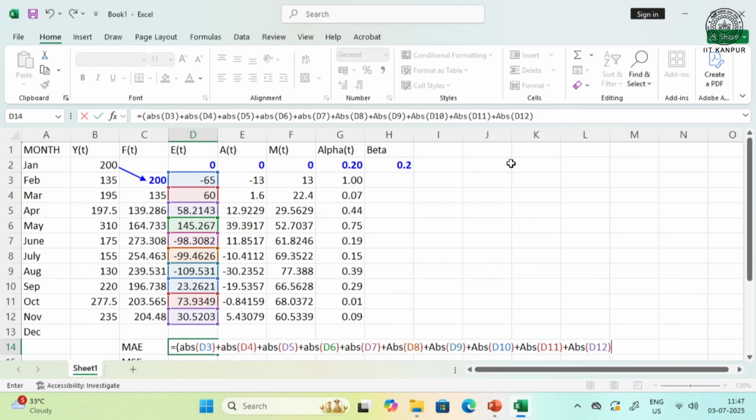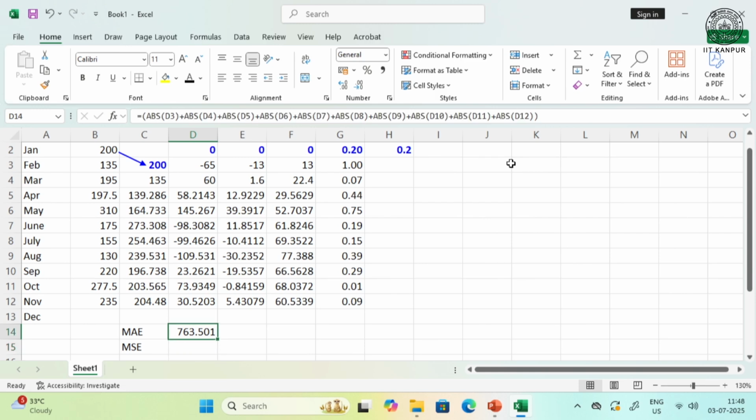So, we have considered all the absolute values. I have summed them up. Now, once I sum them up, this is not the mean absolute error. I have to divide by the number of readings.